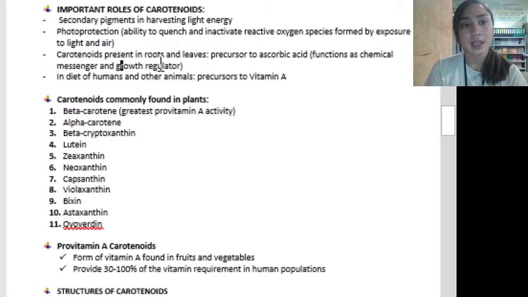And the carotenoids that are present in roots and leaves are precursors to ascorbic acid, which we know functions as a chemical messenger and growth regulator. In the diet of humans and other animals, carotenoids are precursors to vitamin A.